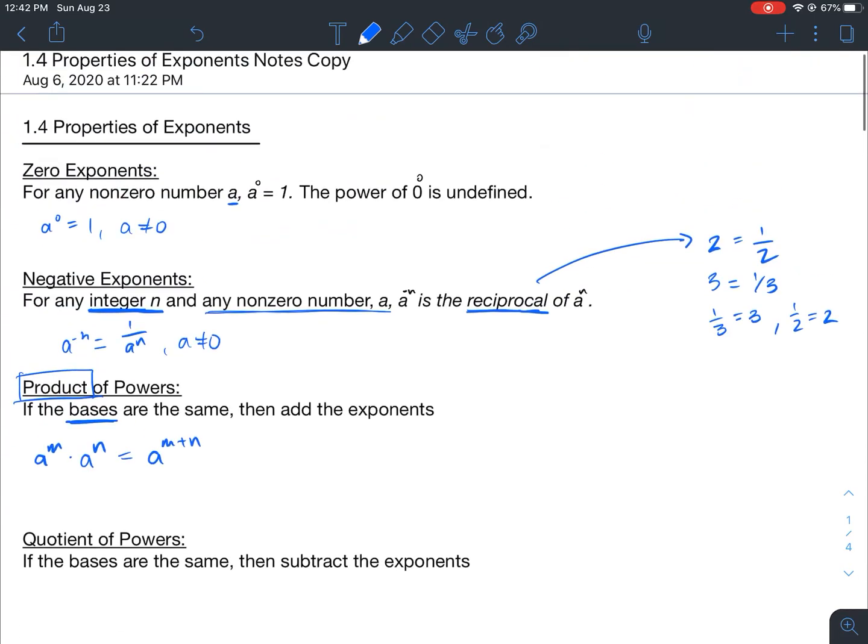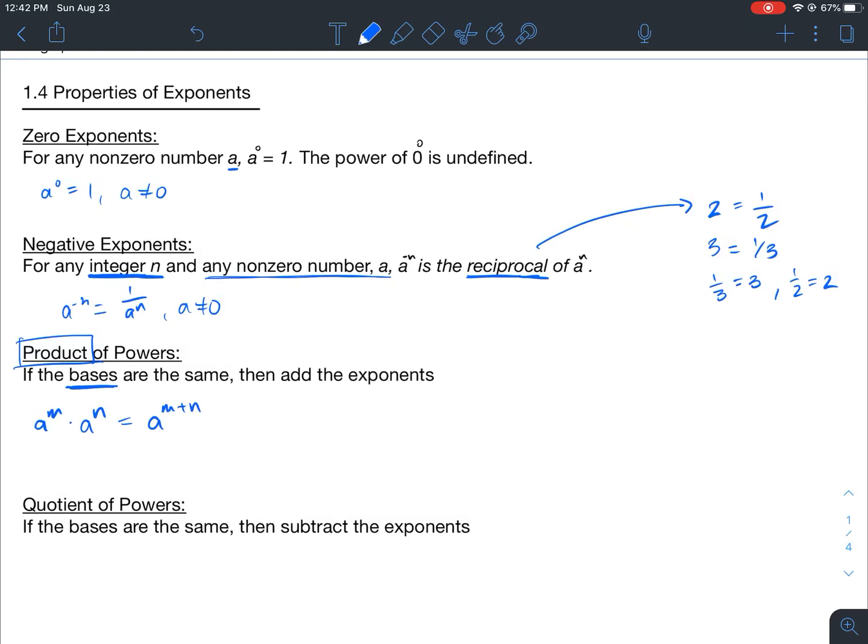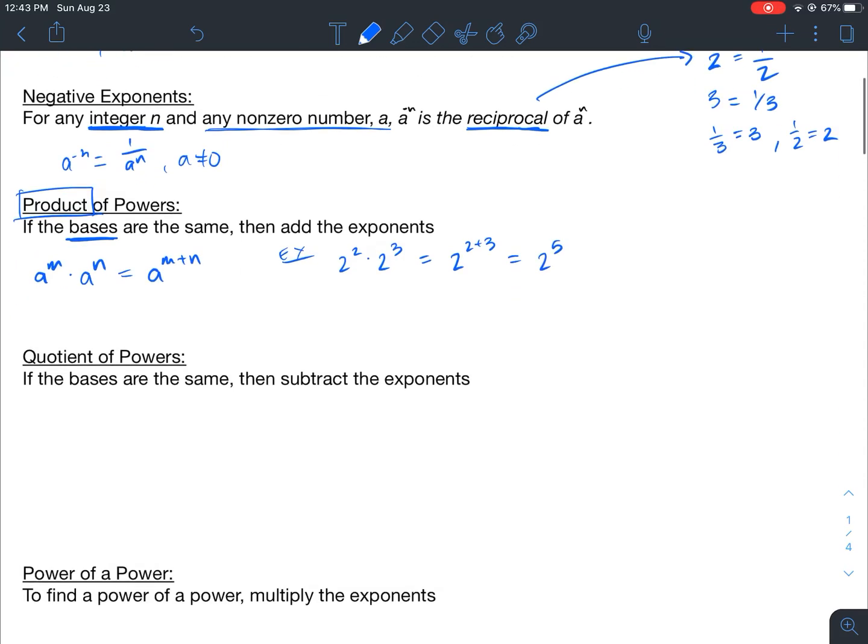Now let me show you another way of looking at it. For example, let's say we had 2 squared times 2 cubed. By this rule, this is equal to 2 raised to the 2 plus 3, which is 2 to the 5, right?